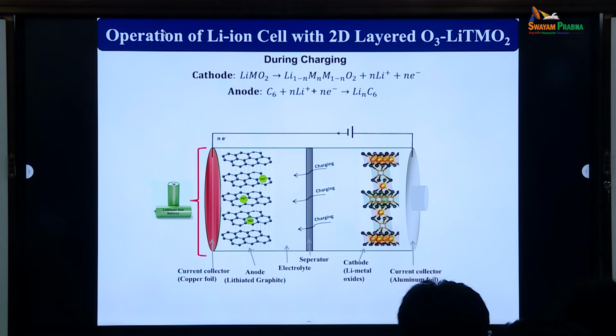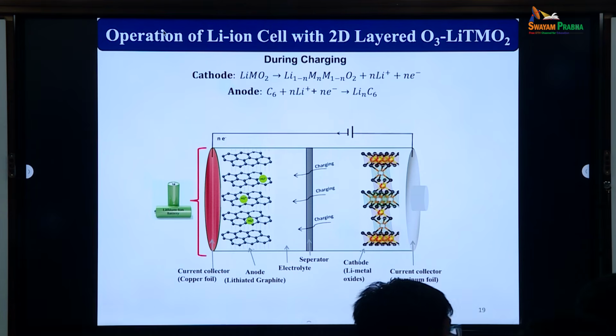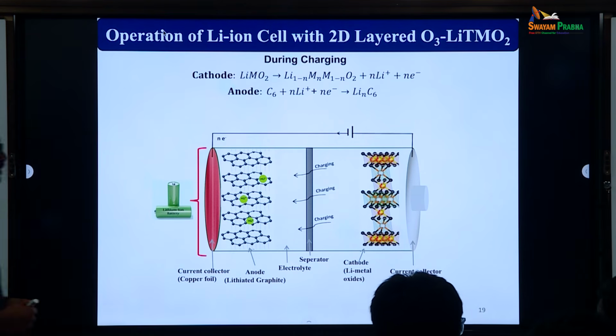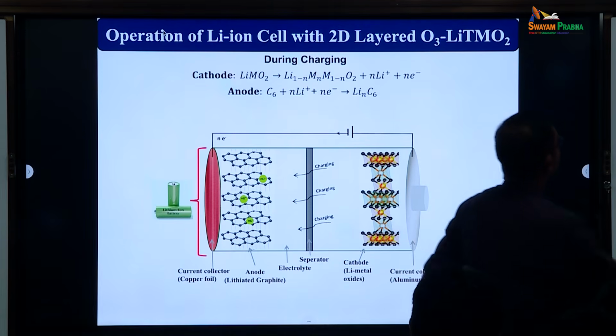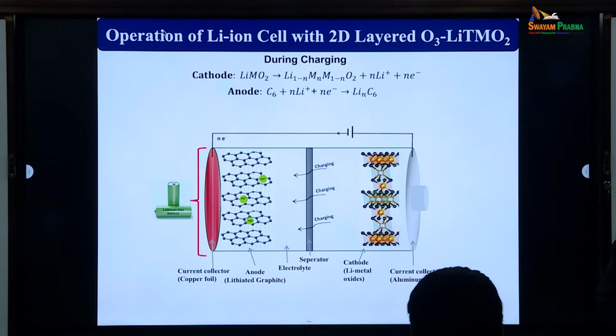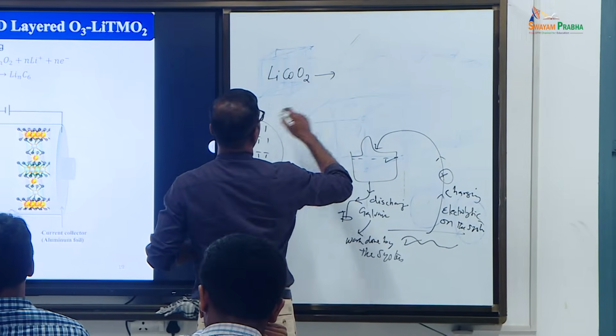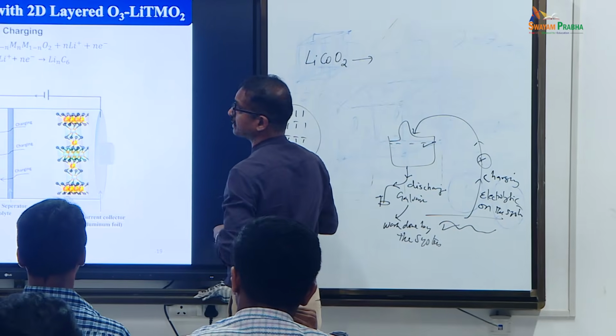Lithium 1 minus m, m onto n, Na 1 minus n. So what happens? You have lithium cobalt oxide. I am going to remove lithium from this.